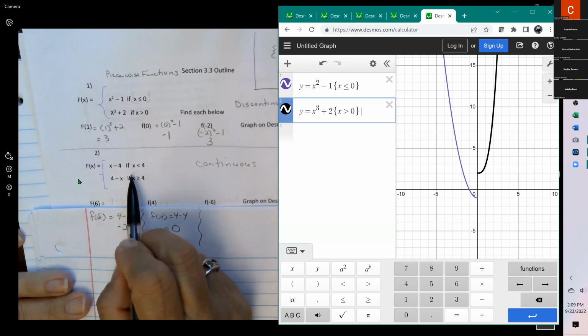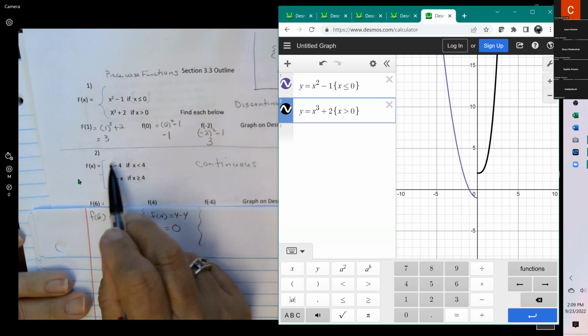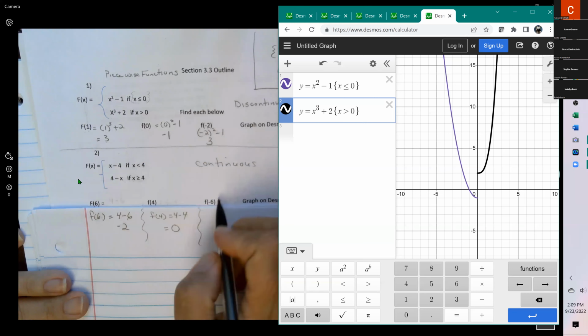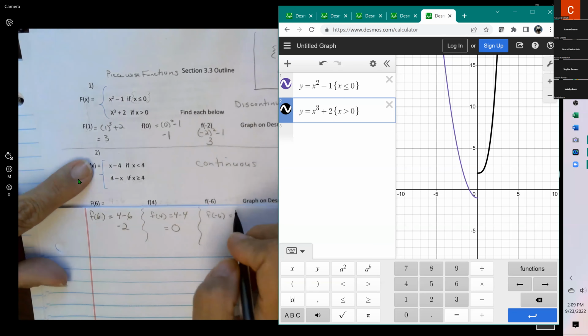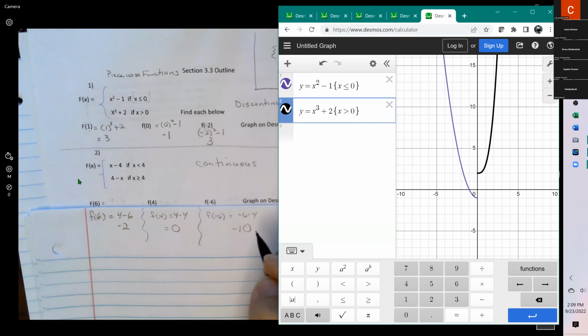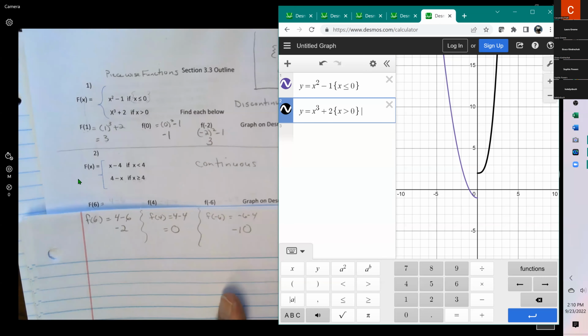Now f of -6. Well, -6 is less than 4, so we would use the top one here. -6 minus 4 is -10. Any questions on that part?